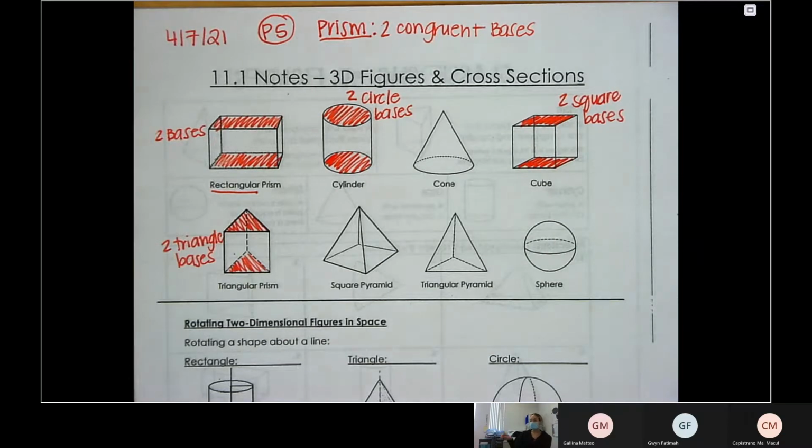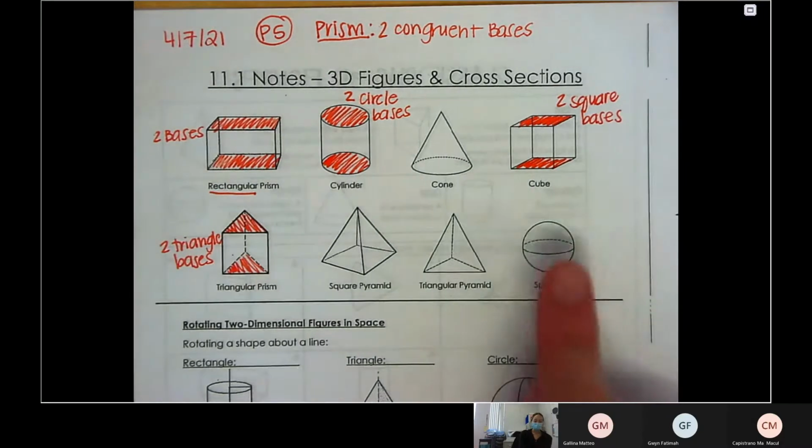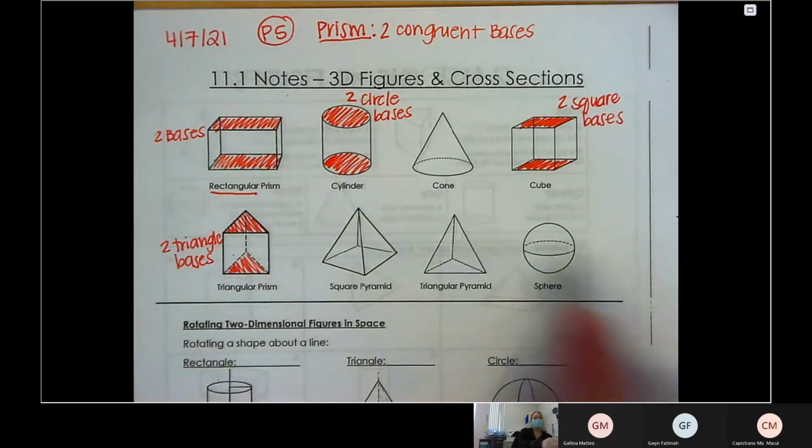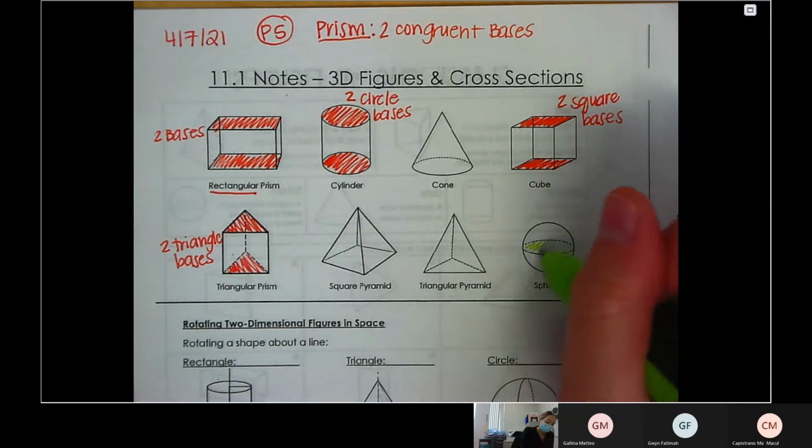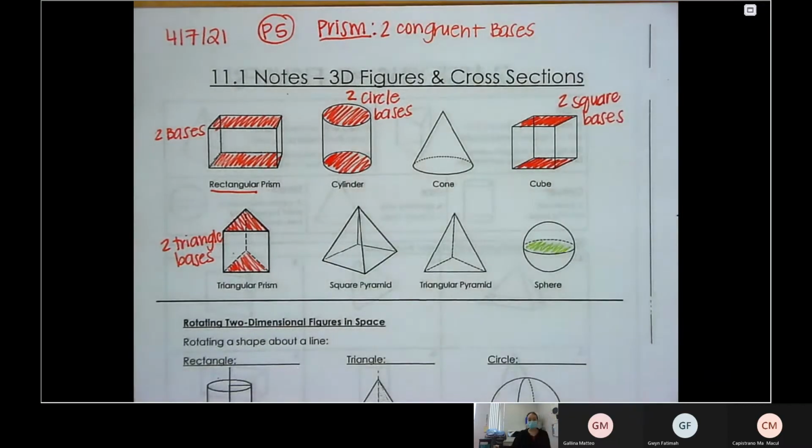Now, there's one that's all by itself over here, which is a sphere. It's like its own special little section. It's not a prism, but a sphere, I'm sure you have seen before. What does a sphere look like? It's like a ball, yeah.